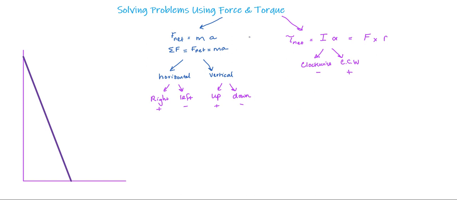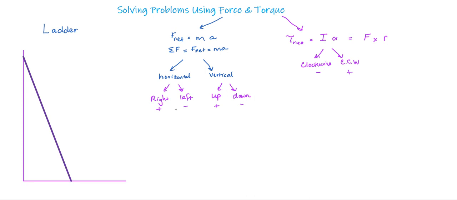So let's look at a very traditional problem here, and we'll employ each of these systems to set up how we might go about solving for various variables. This is a famous kind of problem where we're looking at a ladder leaning against a wall, and the ladder is propped up and there are forces acting on it.